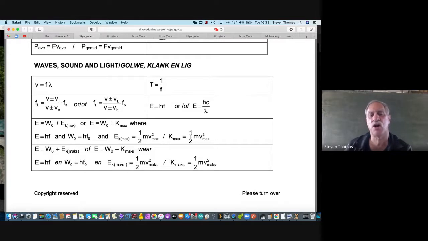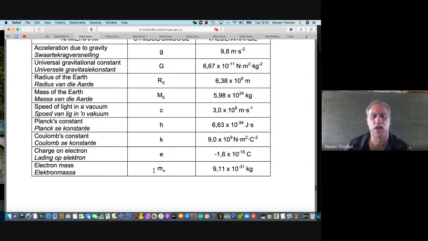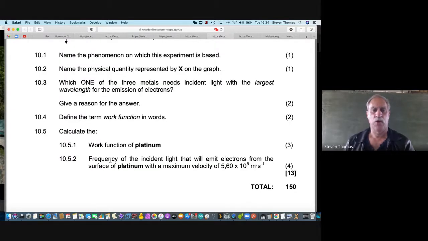So we say half. We look up the mass of the electron. We look up the velocity of the electron. Let's find the mass of the electron, which is at the beginning here. There's the mass of an electron. So going back to this problem, we need the frequency of light that will eject electrons with this velocity.